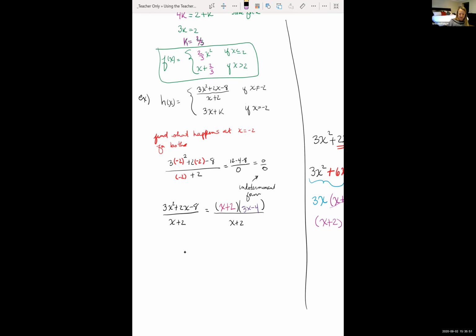So notice, like we said, when we plugged in the value of the endpoint of our inequality, we got 0 over 0. So I said, okay, that means that the numerator is going to factor. We'll have a common factor, which we do, the x plus 2.